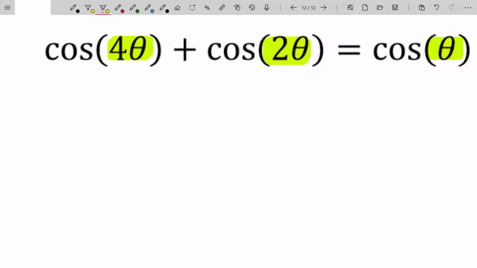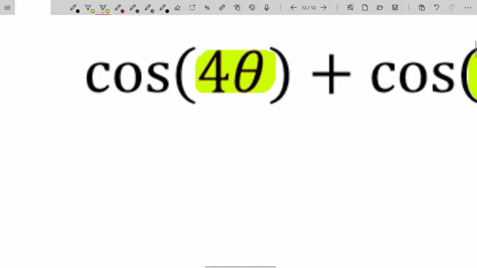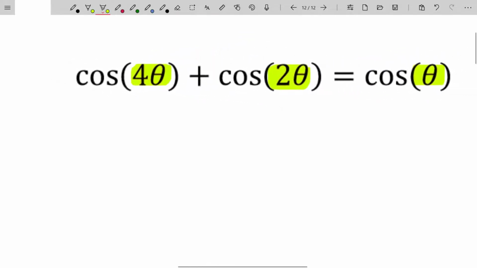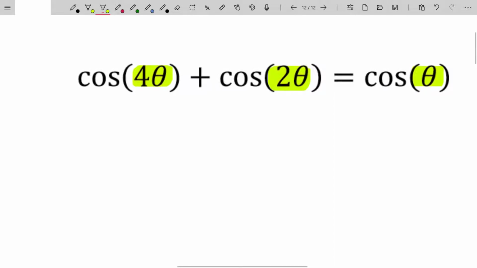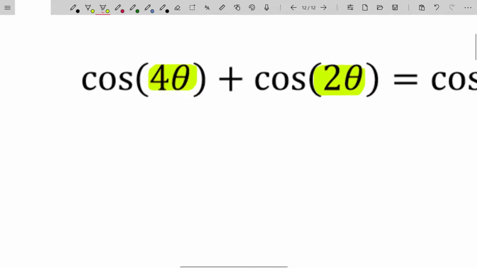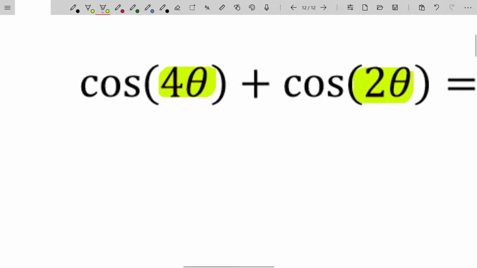It's easier to decrease an argument to a smaller argument, so from a 4 theta to a 2 theta and a 2 theta to a 1 theta, than it is to increase an argument. So I would rather go ahead and decrease these cosines of multiple angles into cosines of single angles.